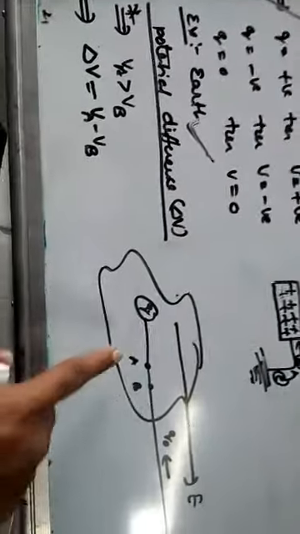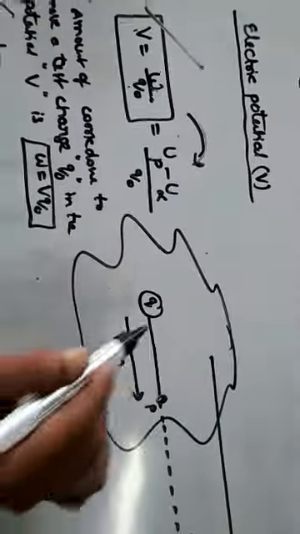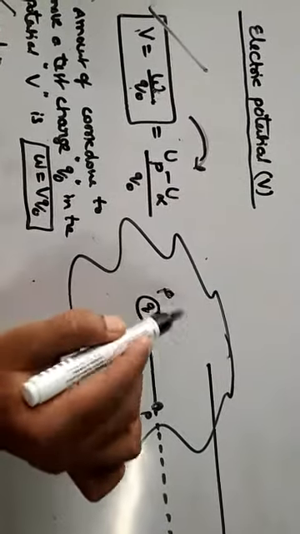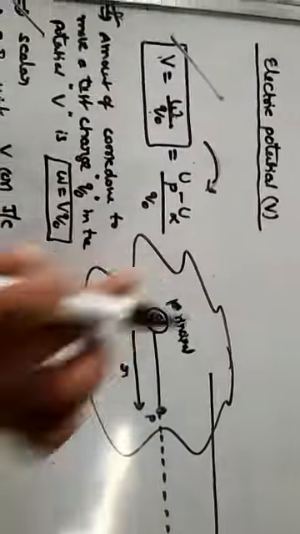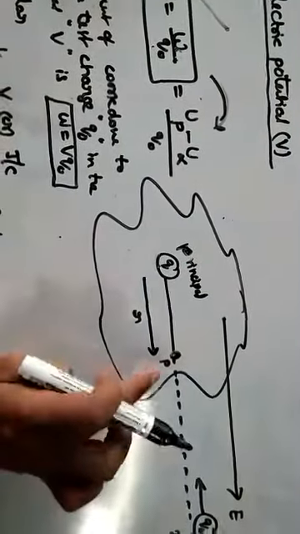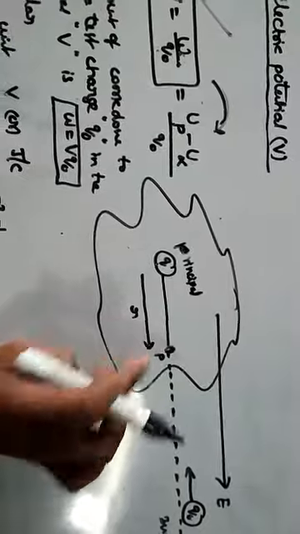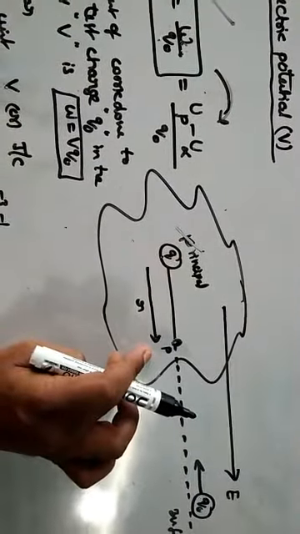Now coming to the simple sentence, potential difference delta V. Same diagram, charge Q. Here I will tell you one more example, you will understand. Suppose this is our school principal. Listen carefully. If he is weak, anyone can enter this school easily. If he is strong, nobody can enter easily without permission.